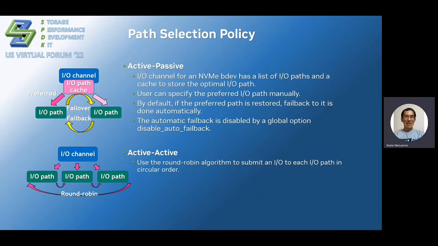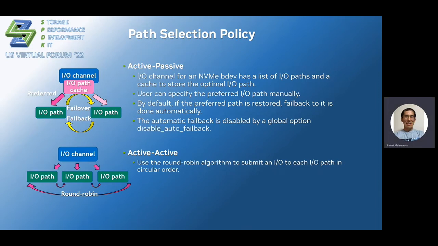Users can specify the preferred I/O path manually if they want. Users can dynamically set the preferred I/O path using the bdev NVMe set preferred path RPC. Such assignment is realized naturally by moving the I/O path to the head of the I/O path list.